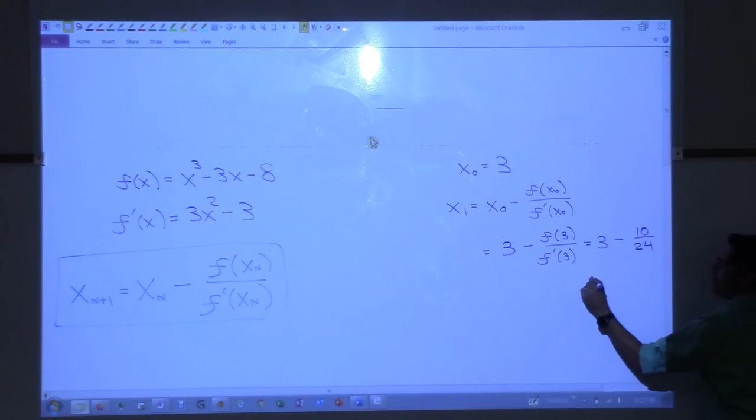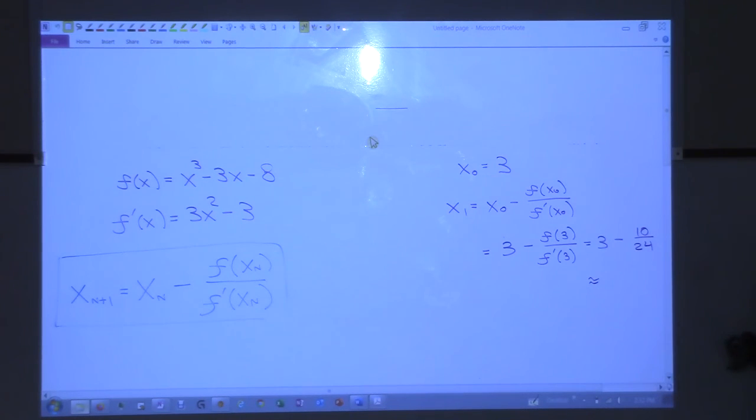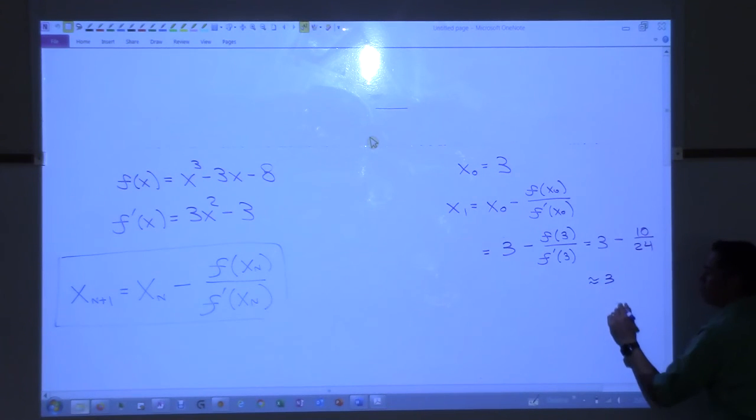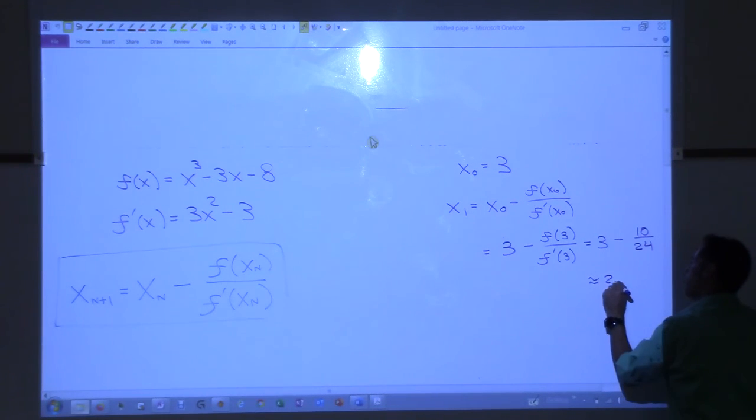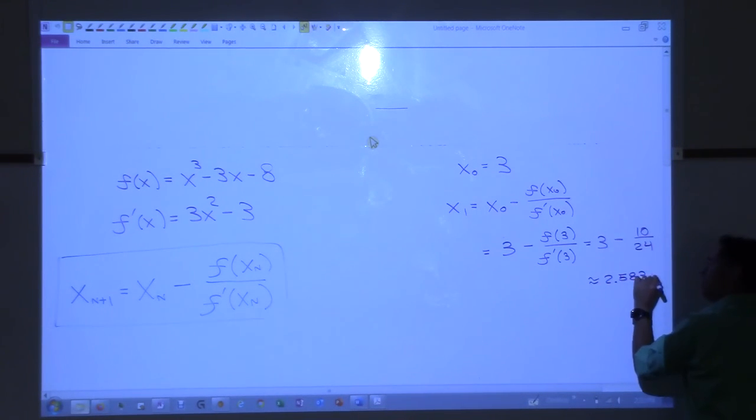Somebody on their calculator, give me that as a decimal approximation. 3 minus 10 over 24. 2.5833? Okay, all right, that's our second point.